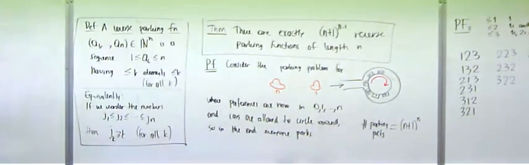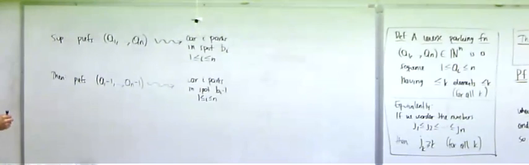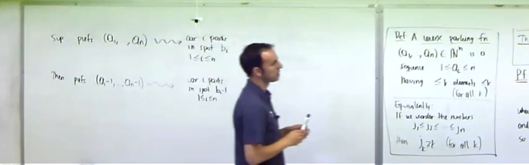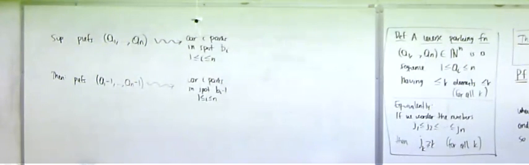So the point is that now car i parks in spot Bi minus 1. Now, there is one thing that we have to be a little bit careful about here, which is what if somebody preferred the spot 0? What does 0 minus 1 mean?